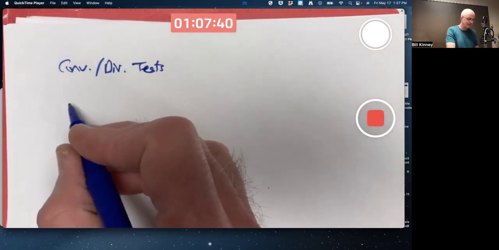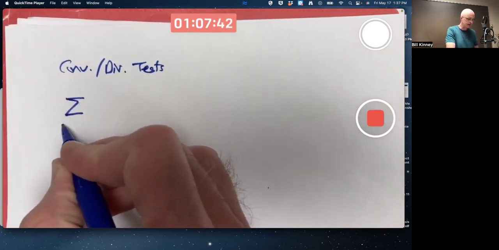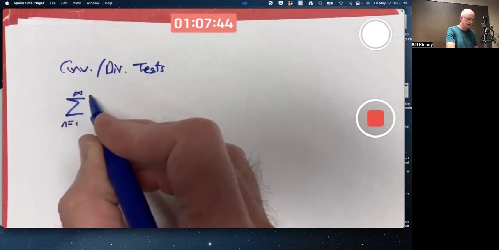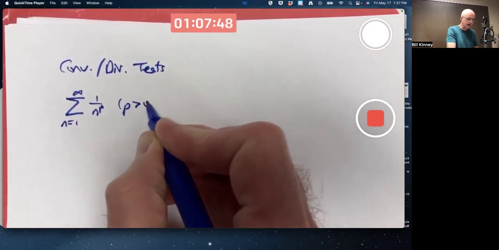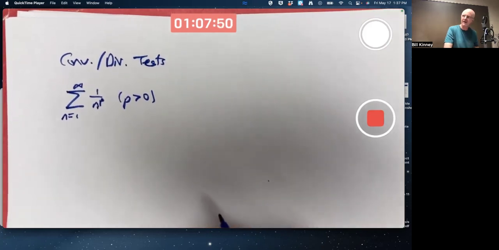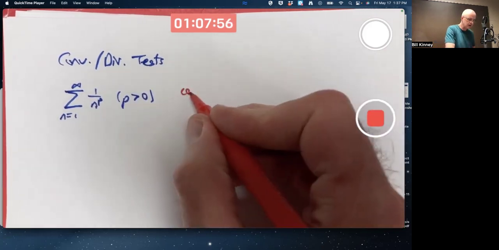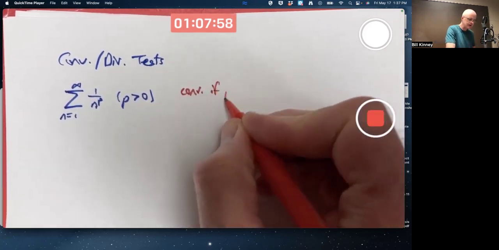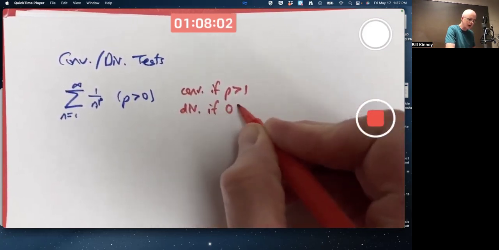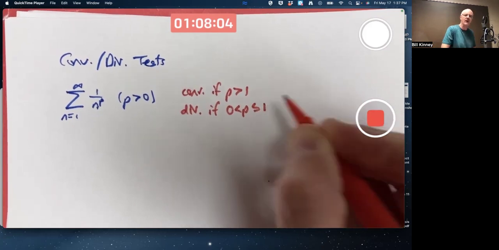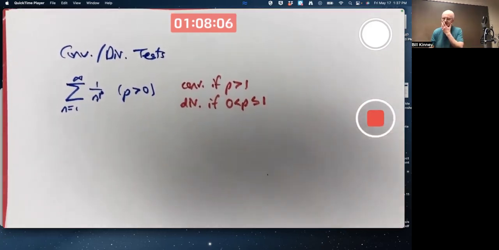But let's think about a very special series here, a p-series. Say with p positive, so that we are dividing by n to a positive power. P-series, we know, converge if p is bigger than 1 and diverge if p is between 0 and 1, including 1, because it's the harmonic series.